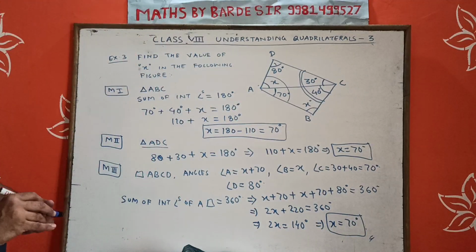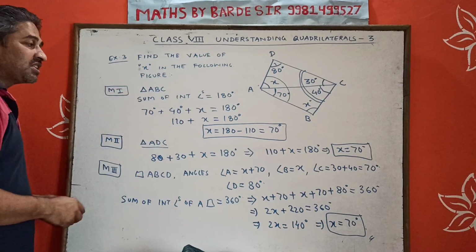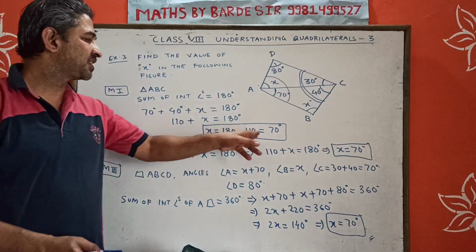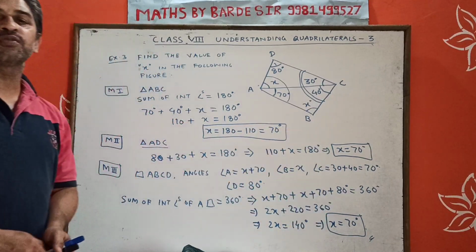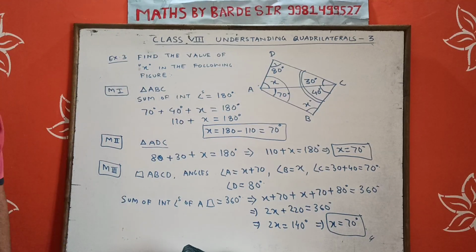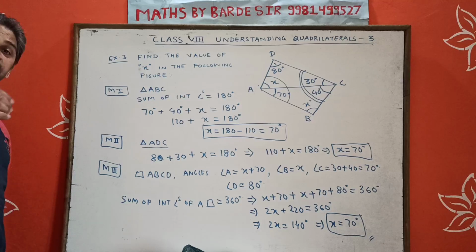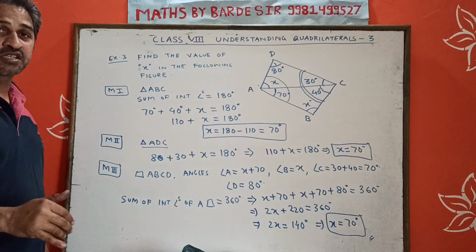This is the answer, right? So in all the three methods you see x is 70, x 70, x 70, you will get the same answer whichever method you apply. The basic thing is that the concept applied should be correct.